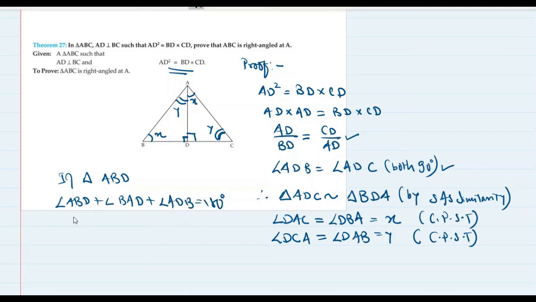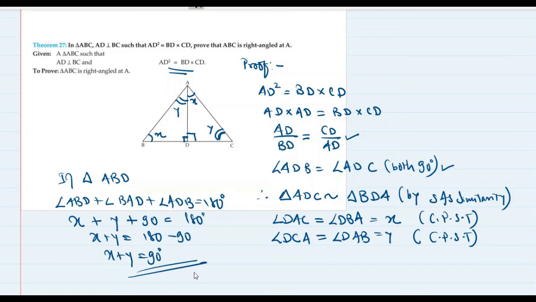Angle sum property. Angle ABD is X, angle BAD is Y, angle ADB is 90, is equal to 180 degree. So X plus Y is equal to 180 minus 90. So X plus Y is equal to 90 degree.